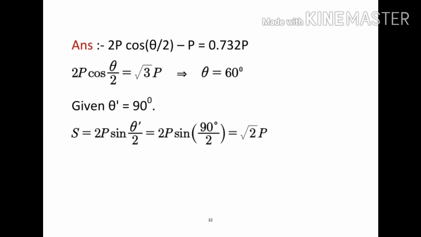So in this case, to find out the subtraction of the vectors or difference of the vectors, we can use S is equal to 2P sin theta dash by 2, and theta dash is equal to 90 degrees. Therefore S is equal to 2P sin 90 degrees by 2, that is equal to root 2 P.